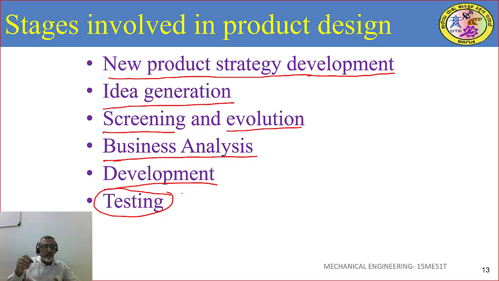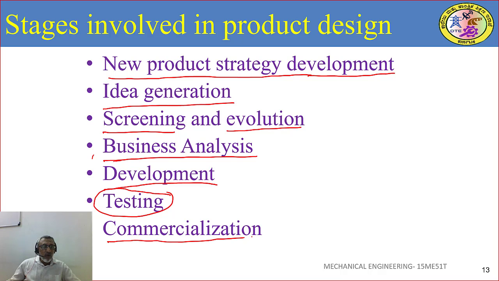You will apply a certain force and see what will happen to the model. You will apply a certain amount of vibration and see what will happen to the model through simulation without actually constructing, without actually manufacturing the product. And finally the commercialization, the selling, advertising, all these aspects are part of the product design.